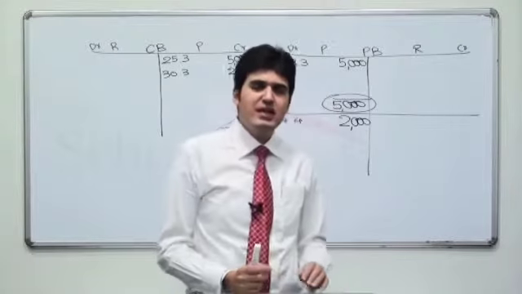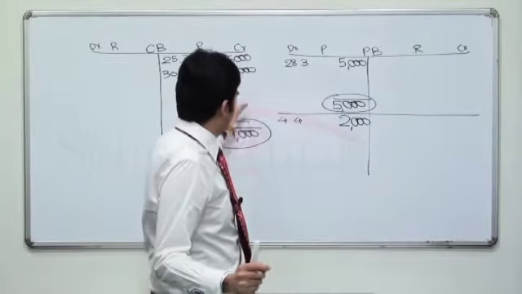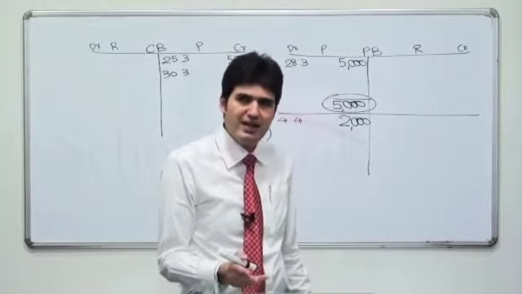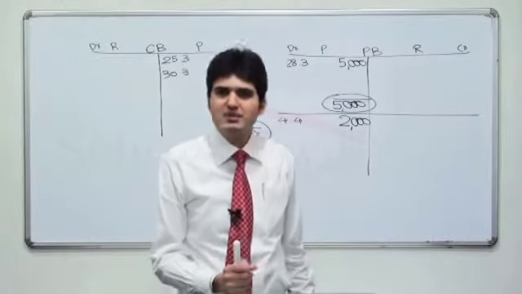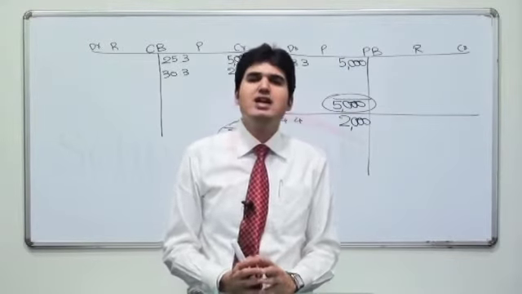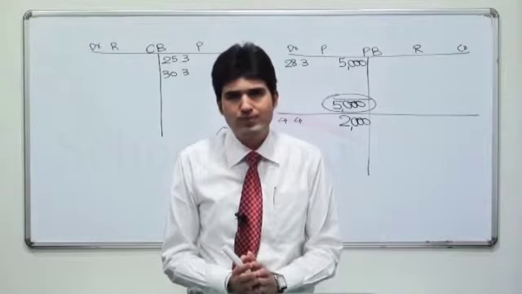And it may so happen that I may pass an entry on a particular date and the bank may pass the entry on another date, and this will lead to a difference in bank balance. So the basic aim over here is to reconcile the bank balance of both the books.